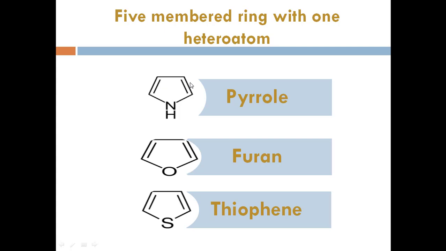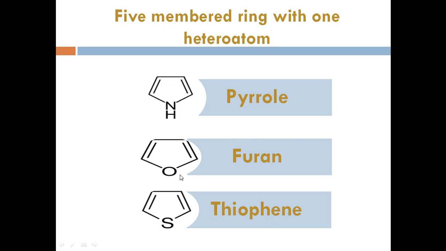In resonance, if we see the resonance of pyrrole, you can see this lone pair of electrons on nitrogen is also involved in the resonance. That means it is in delocalized form, right? We will see resonance in pyrrole when we study pyrrole, right? Likewise in furan and thiophene.